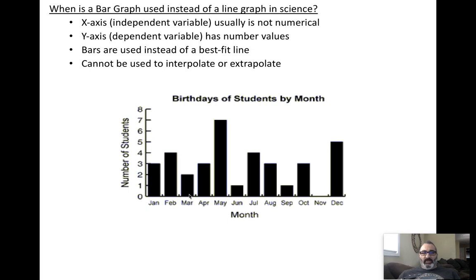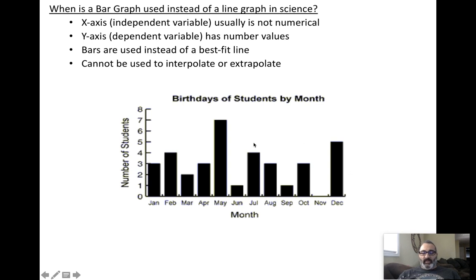Finally, for this section, we have to learn a little bit about bar graphs. Bar graphs are generally used in science when you don't have numbers, for example, on your x-axis. So in this case, you're gathering data and tallying data and putting it into a graphic format. They're nice, they look good. Most students would make a bar graph instead of a line graph if they could, because they like the way they look.